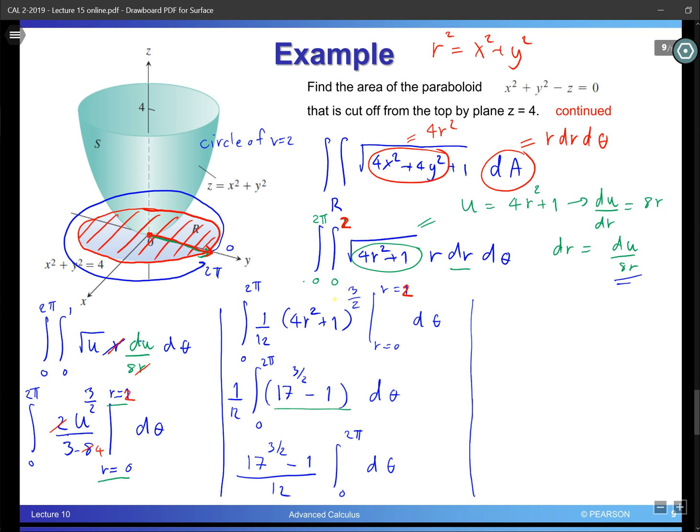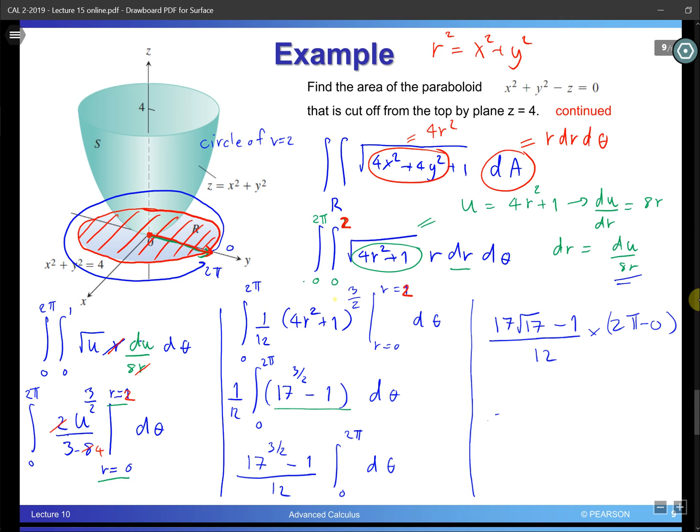Right, so 17 to the power of 3 over 2 is going to be equal to 17 square root of 17 minus 1 divided by 12, and the integration comes out to be 2 pi, or you can say 2 pi minus 0.